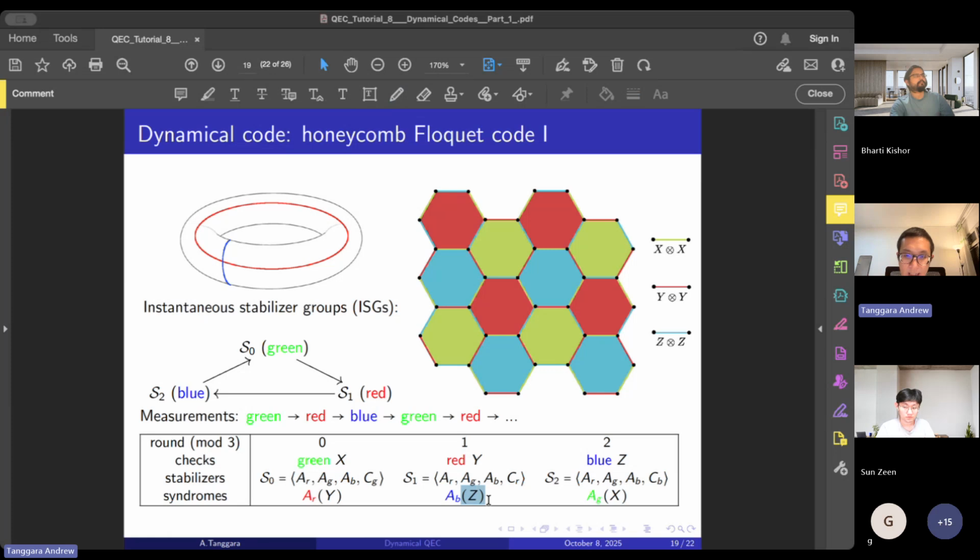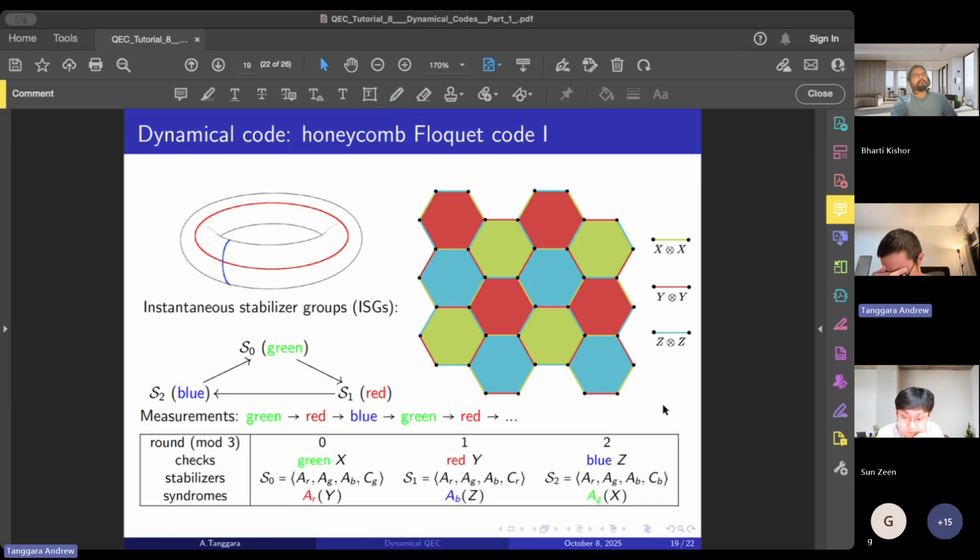And you get the syndromes of these stabilizers. So you use these blue plaquettes here, these red plaquettes in this round, and these green plaquettes here, because the green is a product of the red and blue checks, the blue one is a product of green and red checks, and the red one is a product of the green and blue checks. And these stabilizers are in the intersection of all of these 3 groups.